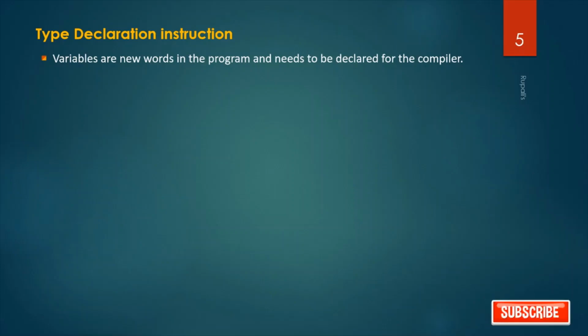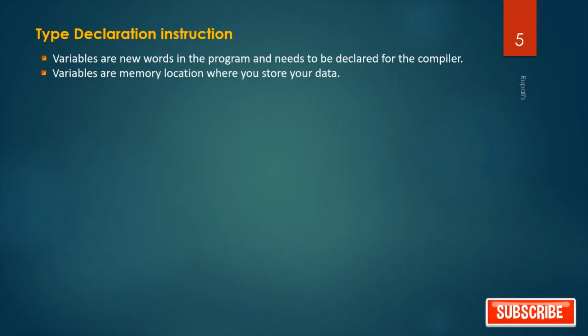So variables are new words and the word is decided by the programmer. So variable declaration is required for our compiler.